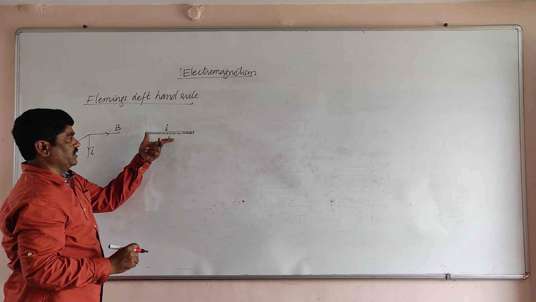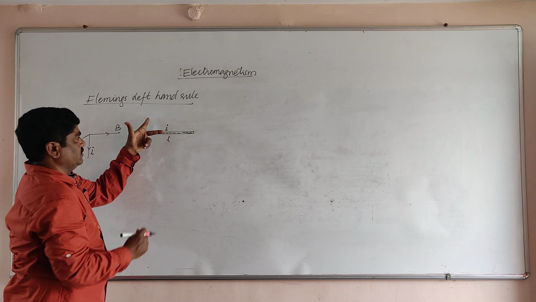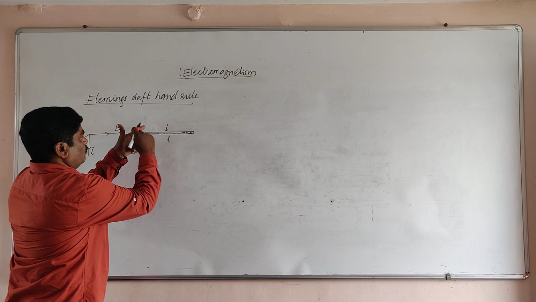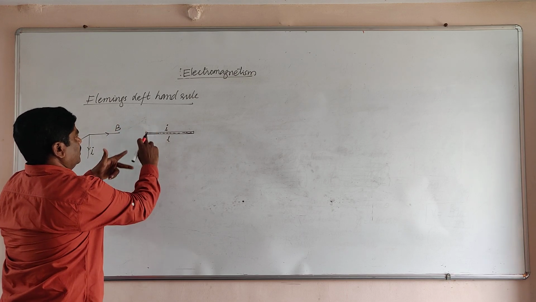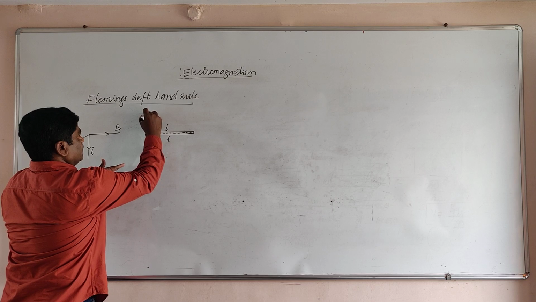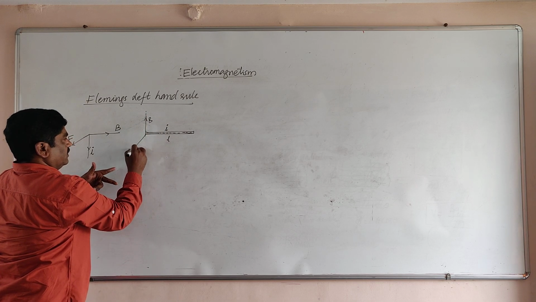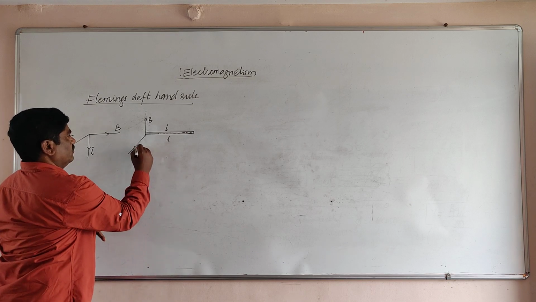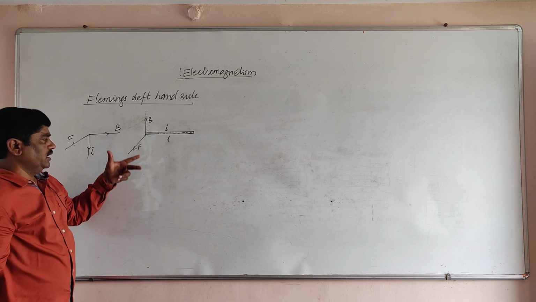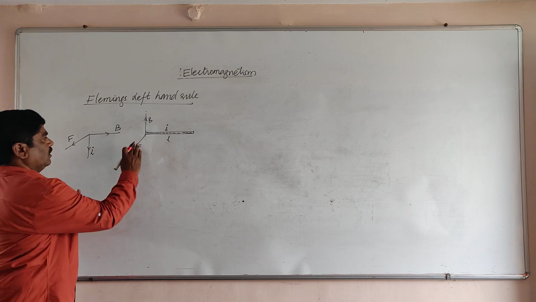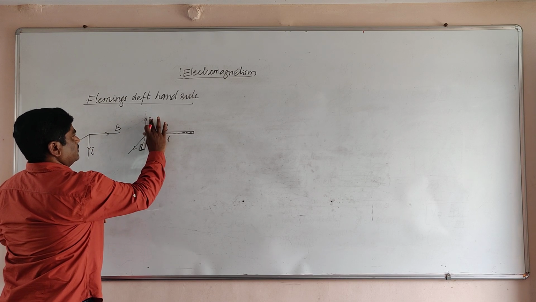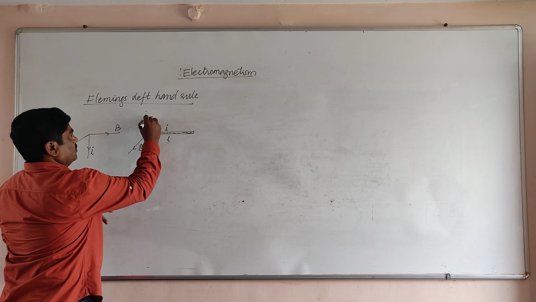So here you see, this is the direction of the current, and the pointing finger is the magnetic field, perpendicular to that one. We cannot see that, it is shown like this, and along this one the force acts on the conductor.